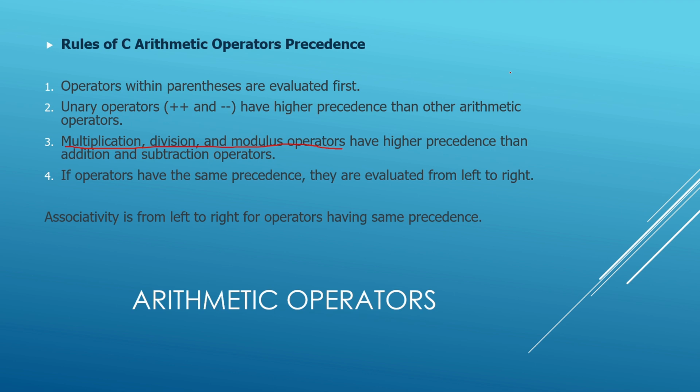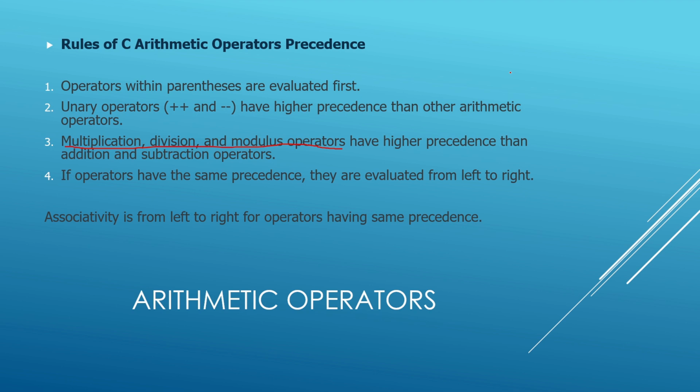and subtraction. And if in any expression operators having the same precedence appear, like you are multiplying two numbers and within the expression you are dividing some, and within that expression you are taking the remainder of some operator, then they are evaluated from left to right. That is known as associativity.